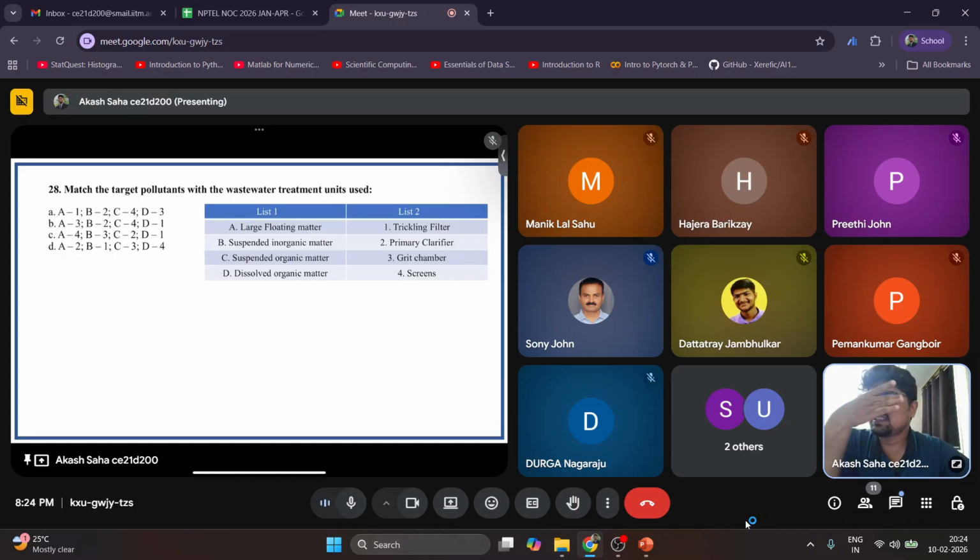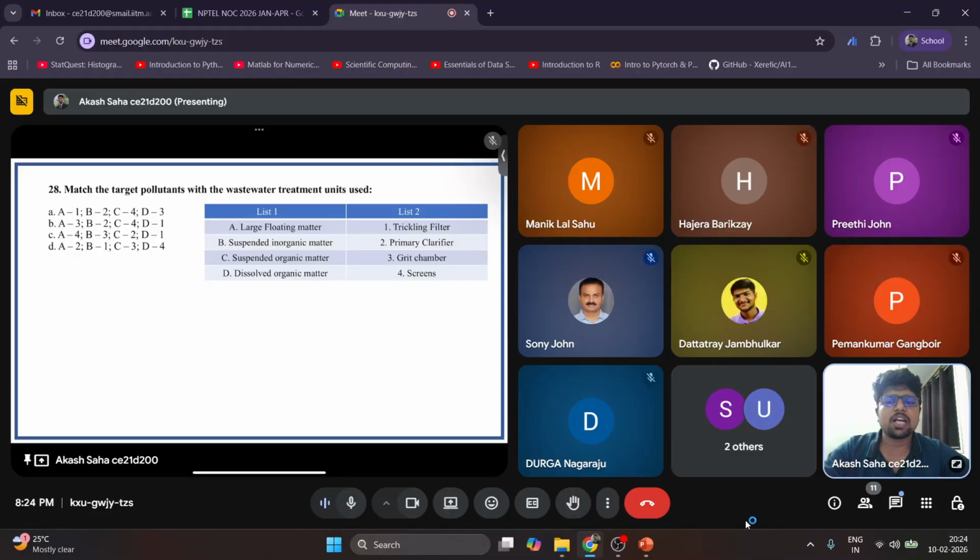Next, match the target pollutants with the wastewater treatment units used: large floating matter, suspended inorganic matter, suspended organic matter, dissolved organic matter. That is correct, option C, because it is very direct.